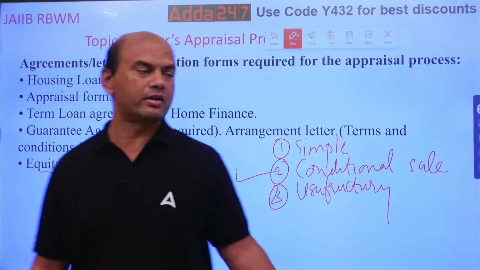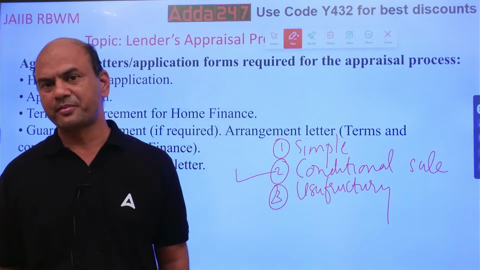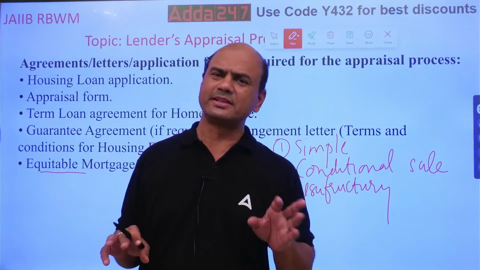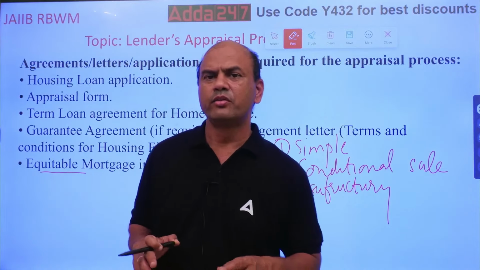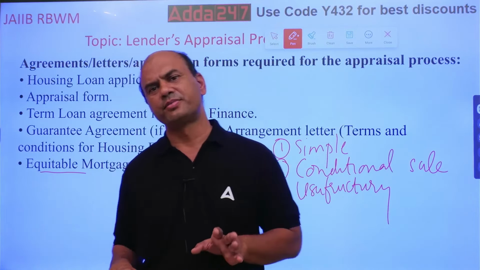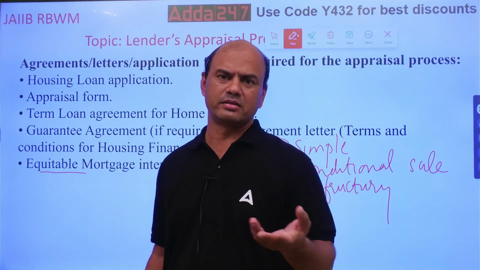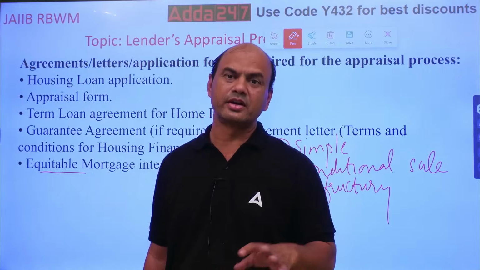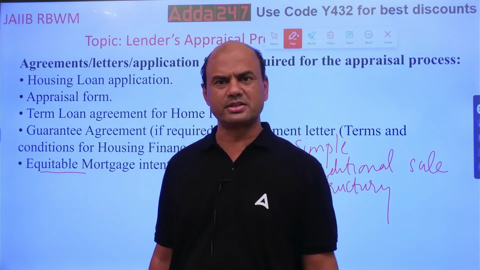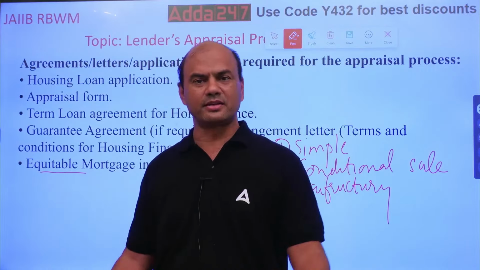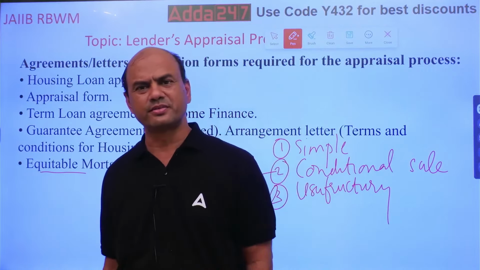So, we always do this equitable mortgage. Equitable mortgage is a part of this conditional sale. In equitable mortgage, what do we do? In any bank except some cooperative banks, we do equitable mortgage. Just the documents are given and the amount is sanctioned or disbursed. That's equitable mortgage. No going to sub-registrar office, no registration, nothing. Very simple logic.